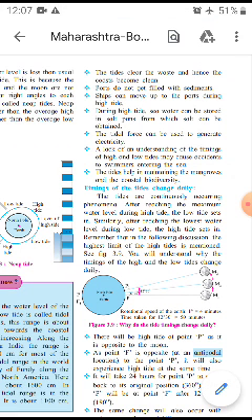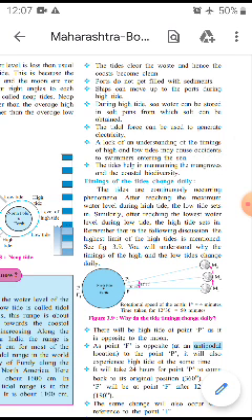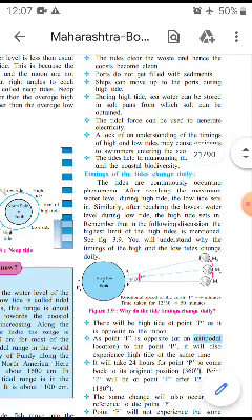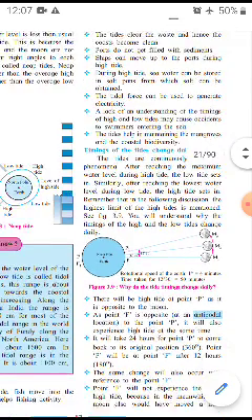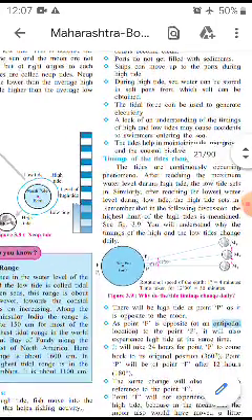Another effect, ships can move up to the ports during high tide. And during high tide, seawater can be stored in salt pans from which salt can be obtained. And the tidal force can be used to generate electricity. These are all effects of tides.